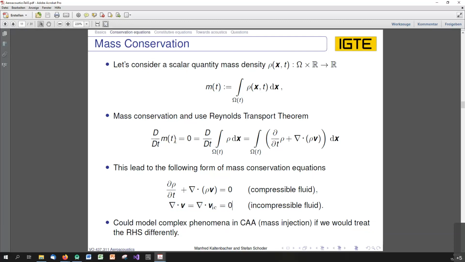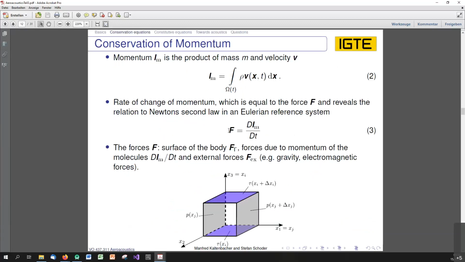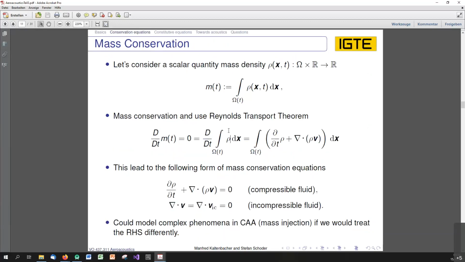So we have no mass sources in our domain, and that we don't produce at some point any mass. Okay. Any questions on mass conservation? Okay. Should we proceed or take a short break?